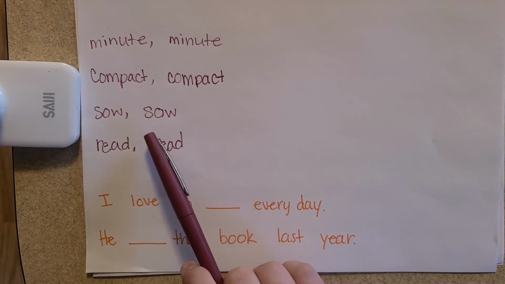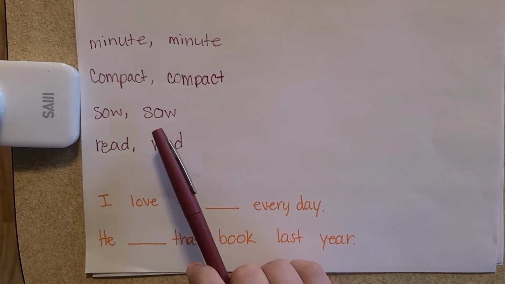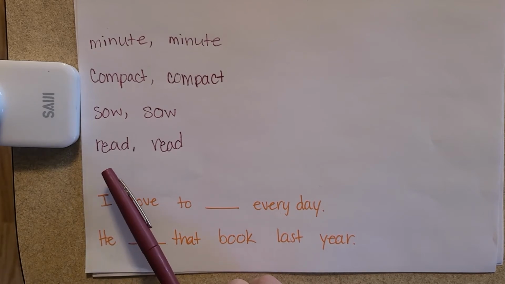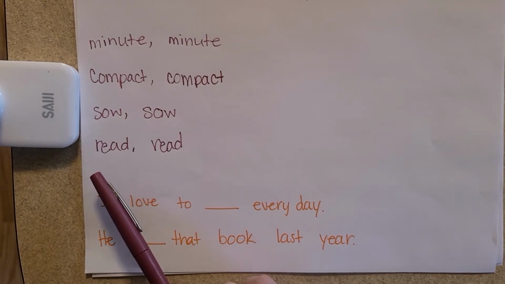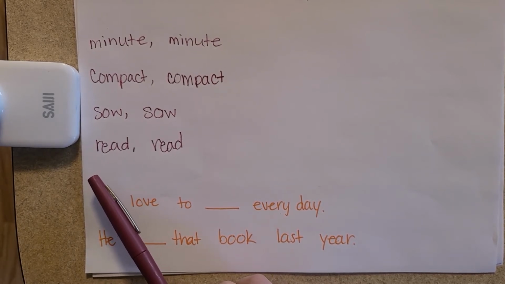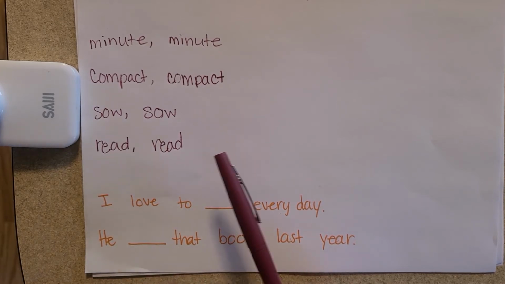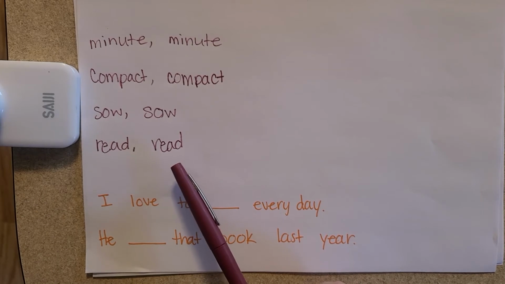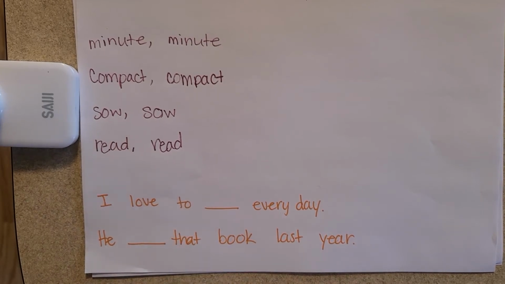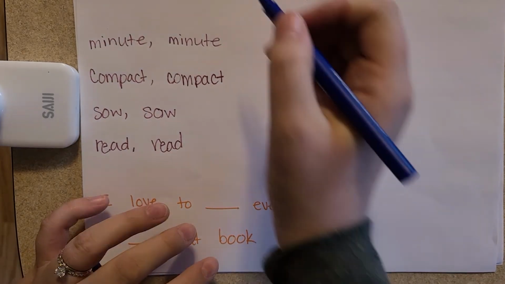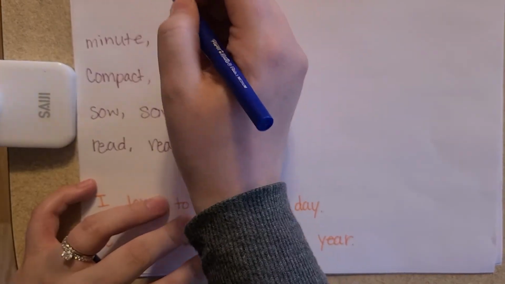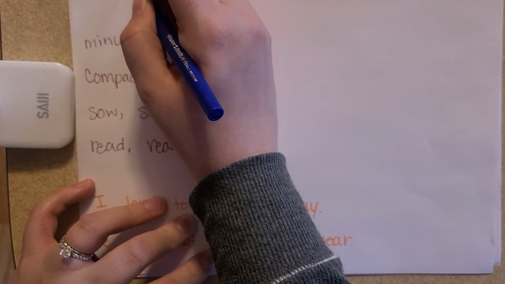Sow is also a female pig, an adult female pig. Read is present tense, something that you do, and read is the past tense form of that word. So these words, you might notice, have the same spelling or are written the same way.